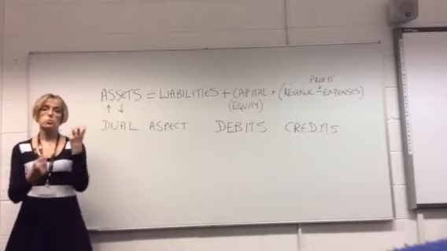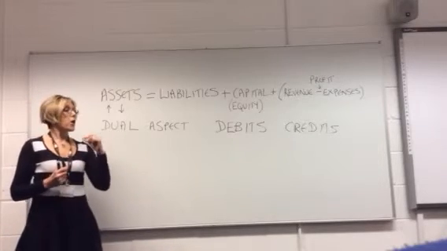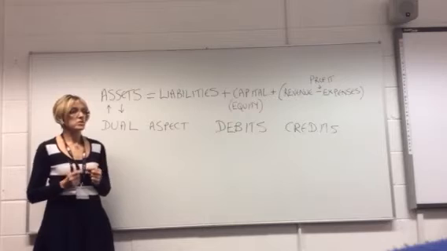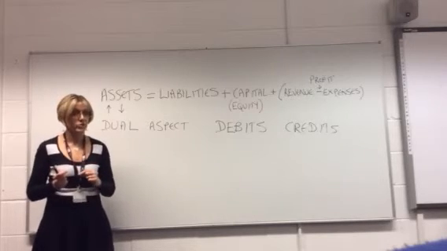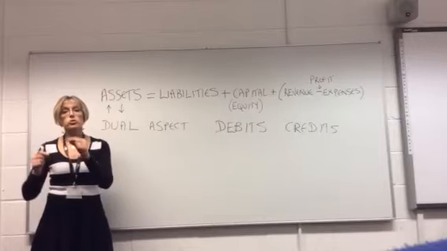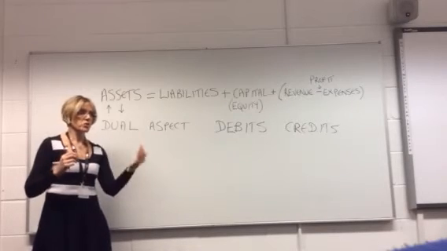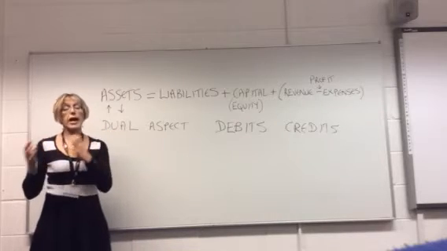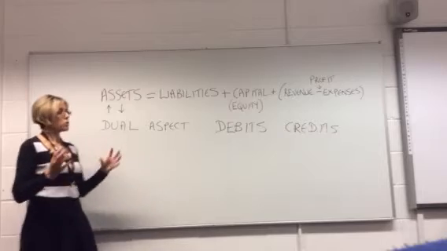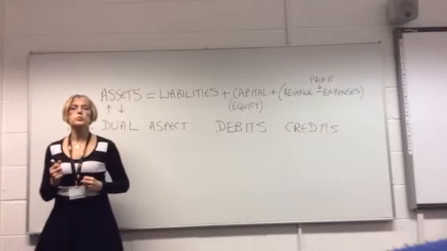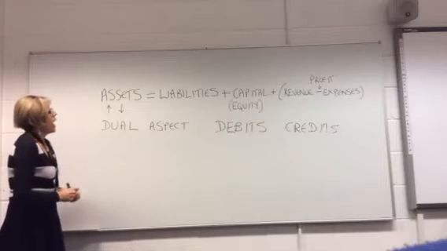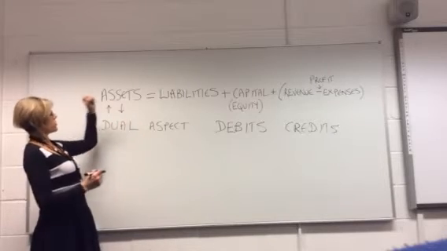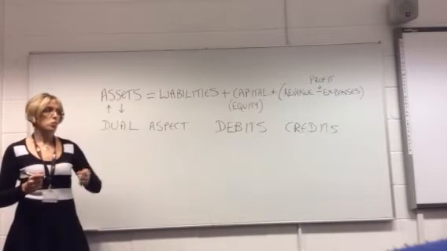Now, we record a business's transactions by making entries in the accounting system, and the accounting system is a set of accounts, and each individual item, such as sales or purchases or cash at bank, has its own account in the ledgers. So we talk about making entries into our accounts. And remember, when we're making entries, remember the rule that the accounting equation must always hold good.